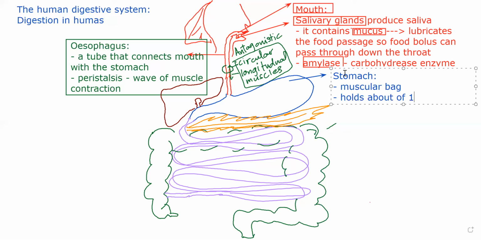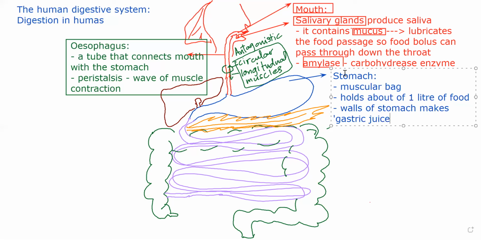The walls of the stomach make gastric juice. This gastric juice contains pepsin, a protease enzyme, and HCl, hydrochloric acid.